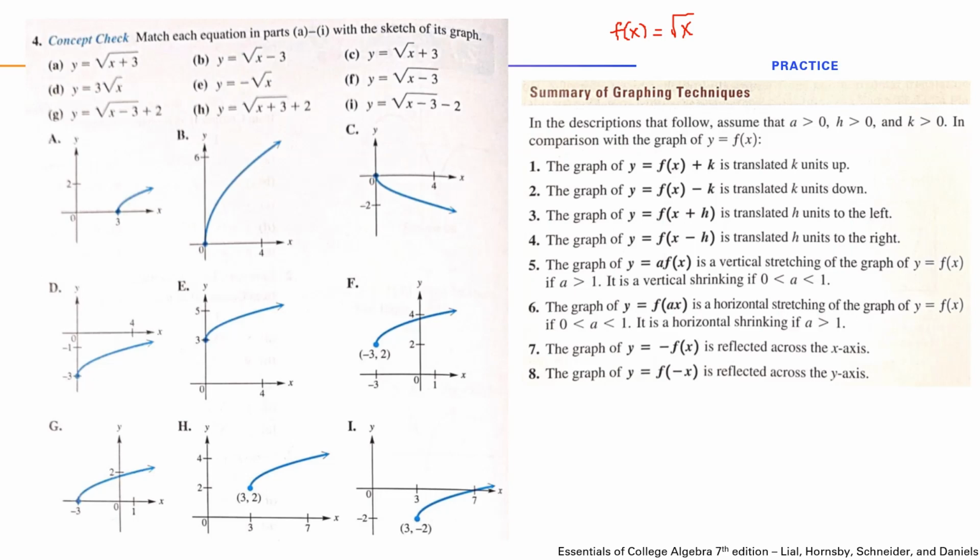And how to read the point. If we have a point x comma y, this one tells you left or right, and this one tells you up or down.